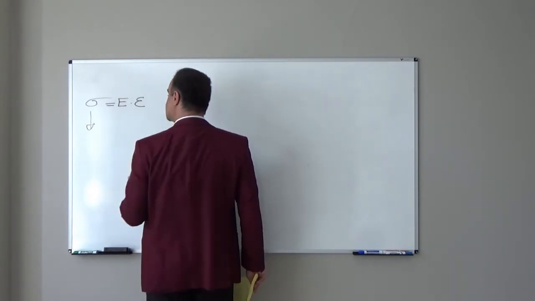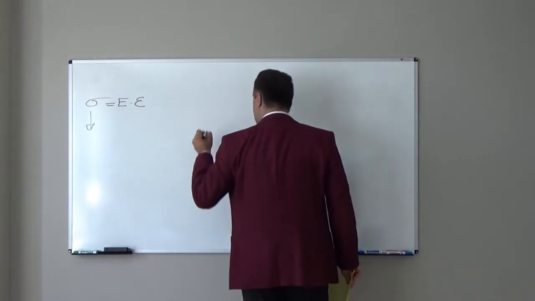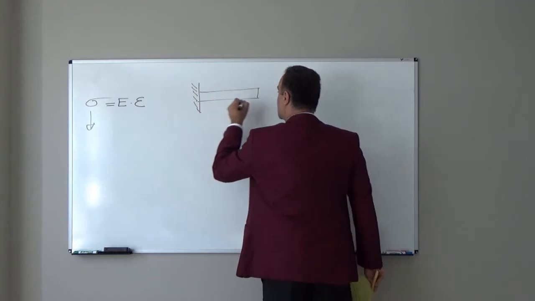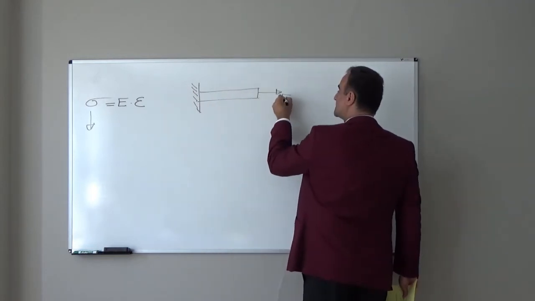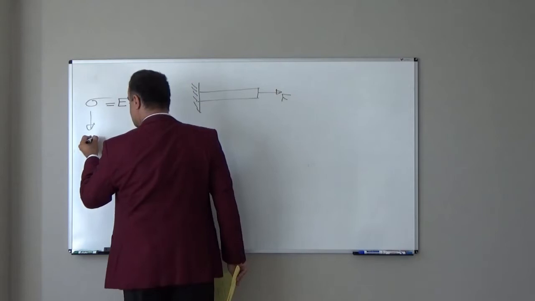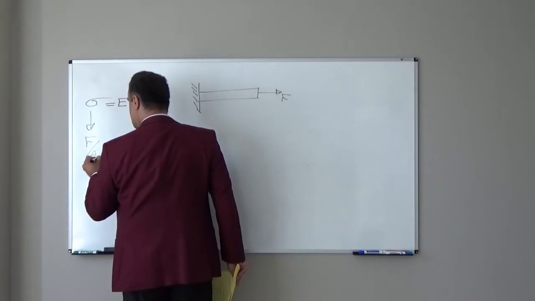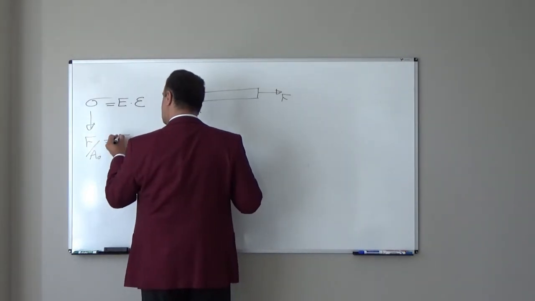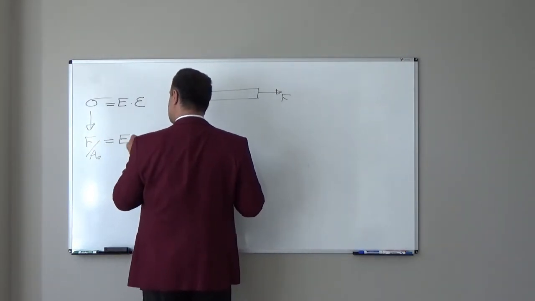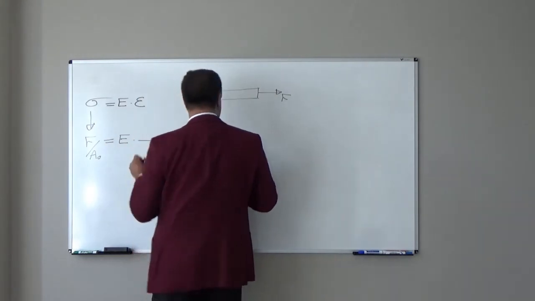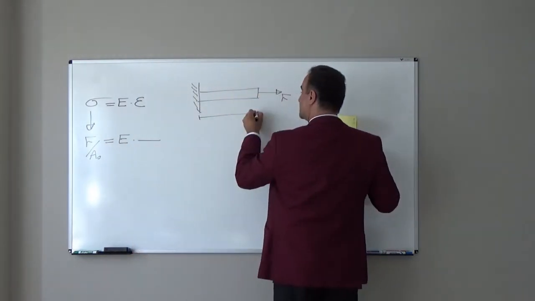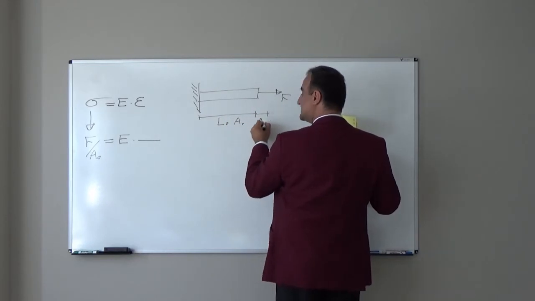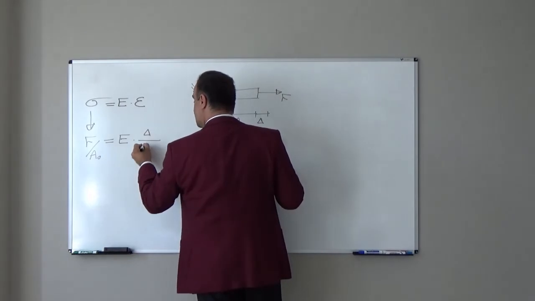What was the stress? If we come back to the initial example, assume we have one bar and we apply external force F. Force divided by initial cross-sectional area A0, we call it stress, is equal to Young modulus times epsilon, which is strain, which is equal to deformation delta over L0.